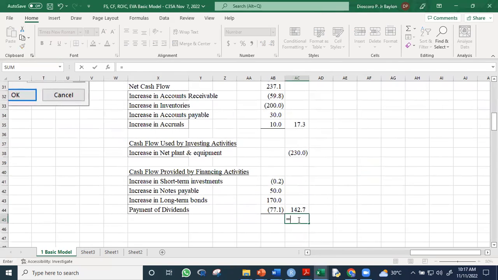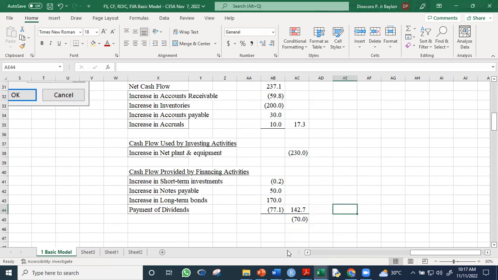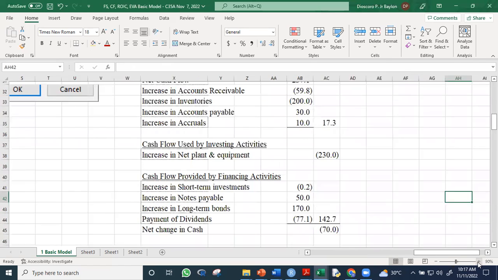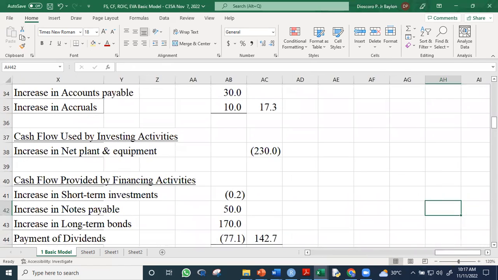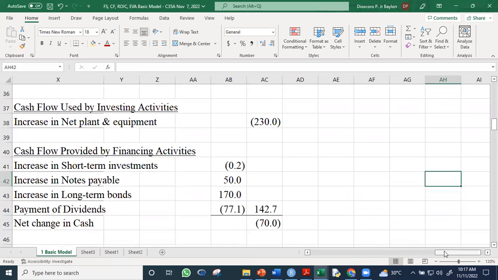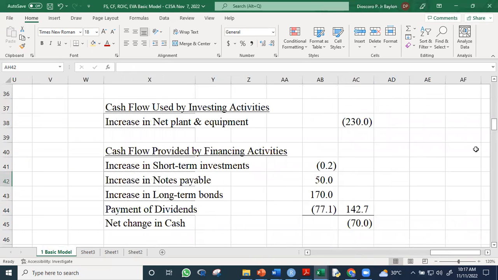Okay, and then we add this sum. This is your net change in cash. Let me pause for a while and then allow you to construct your own statement of cash flows.